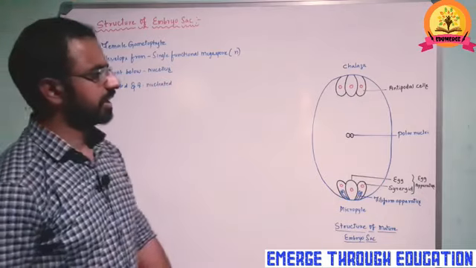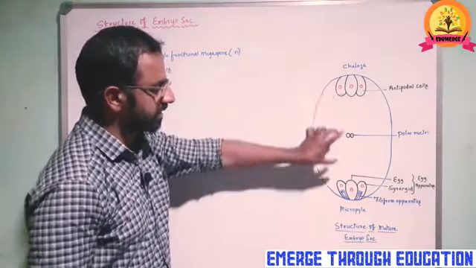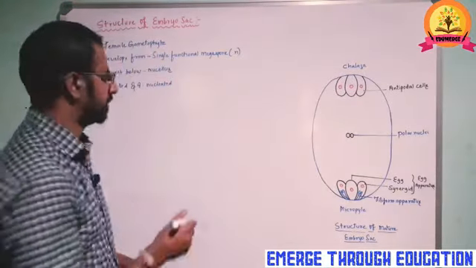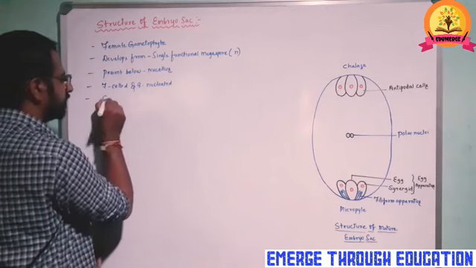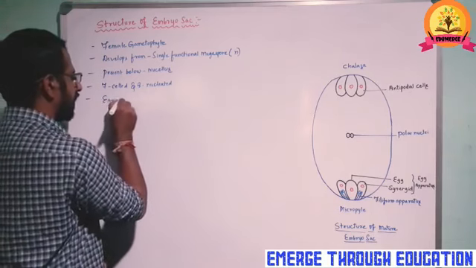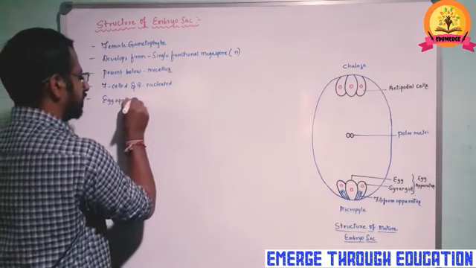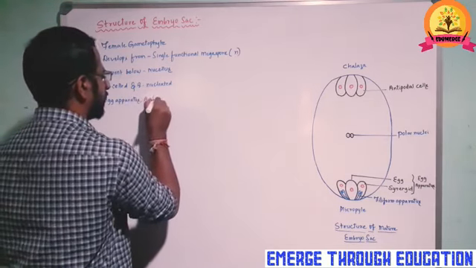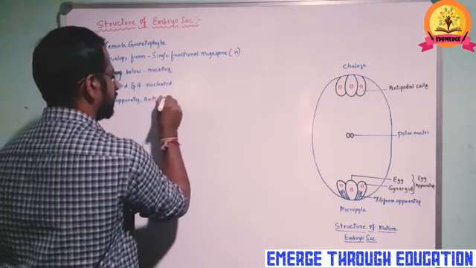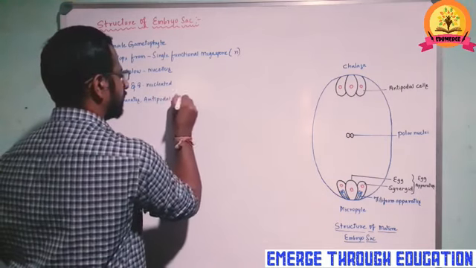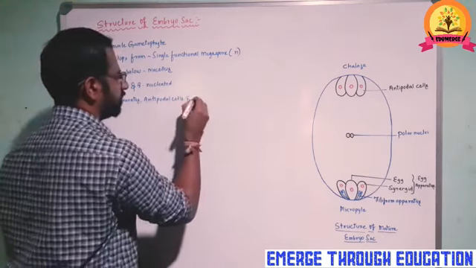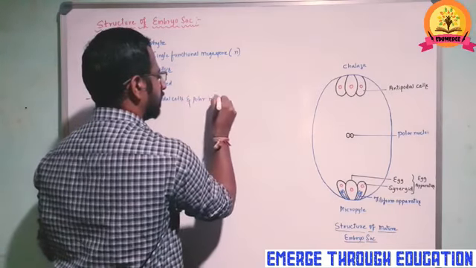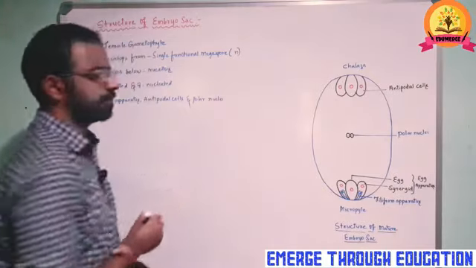In an embryo sac, egg apparatus, antipodal cells and polar nuclei are present.